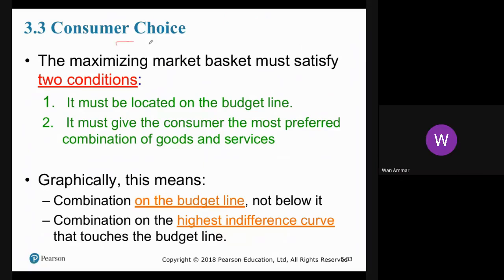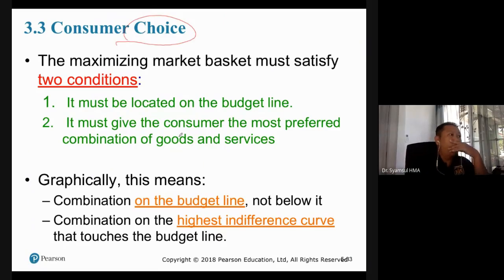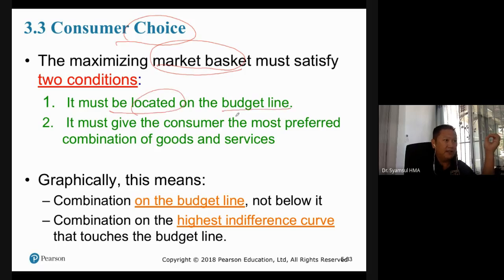Okay, consumer choice, right? So when people make a choice, there are conditions to meet. The market basket that you choose must satisfy 2 conditions. It must be located on the budget line, because the budget line is the factor that limits your choice.